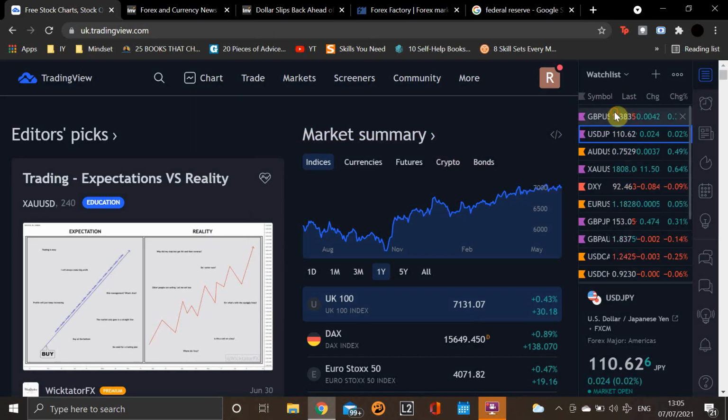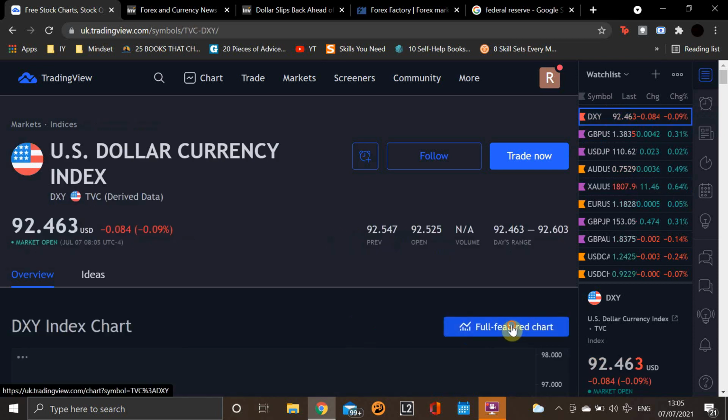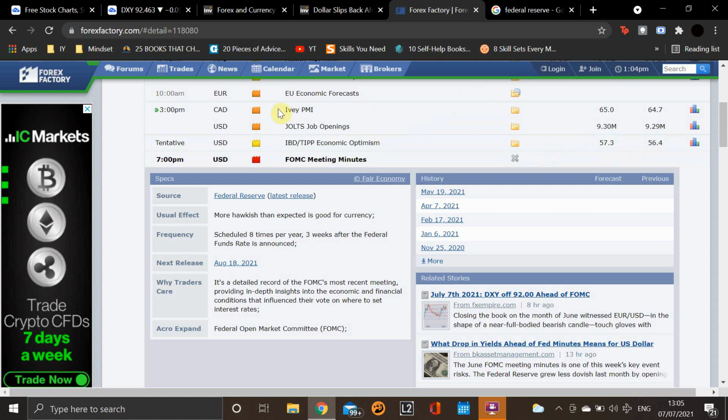But yeah, let's go into the chart, see what we can find. Let's go to DXY first. The US dollar, I want to see how the US dollar is doing. USD jobs, what's this?